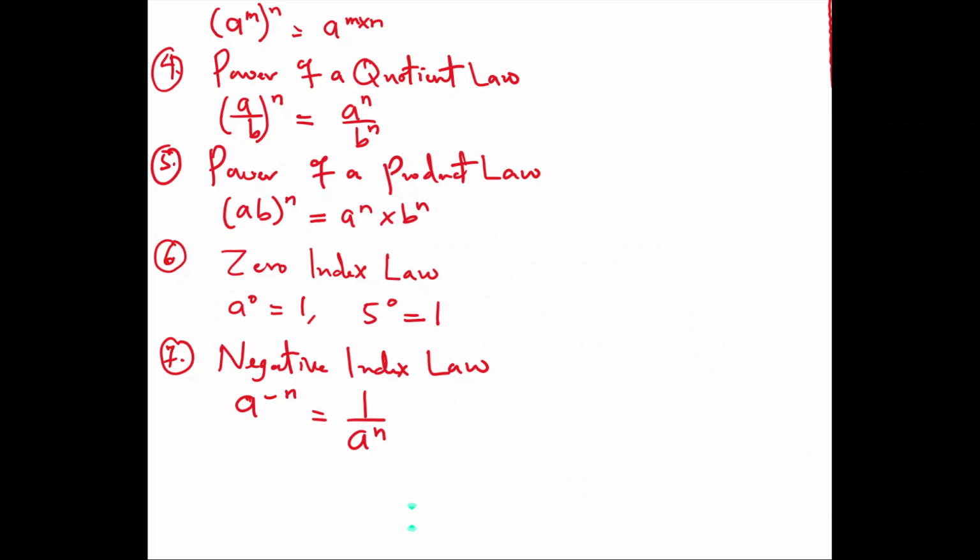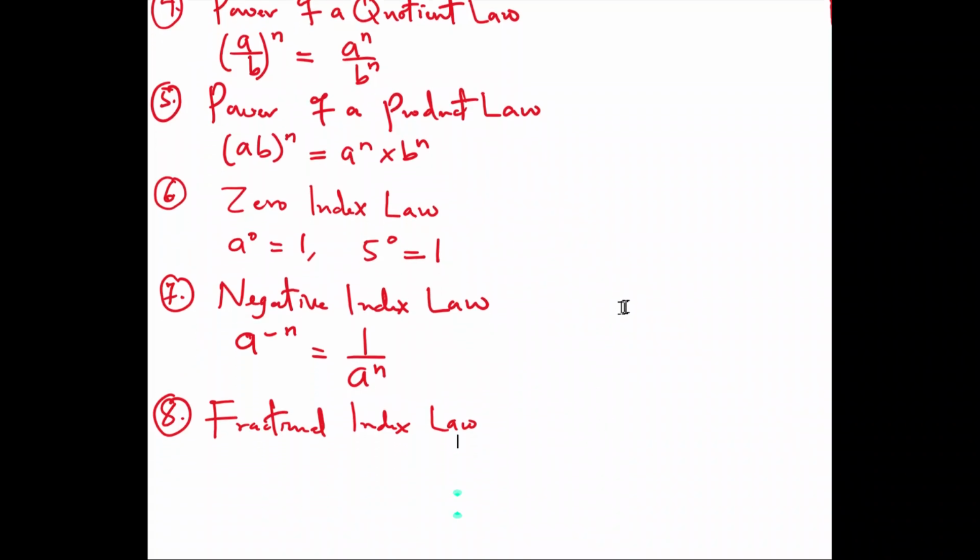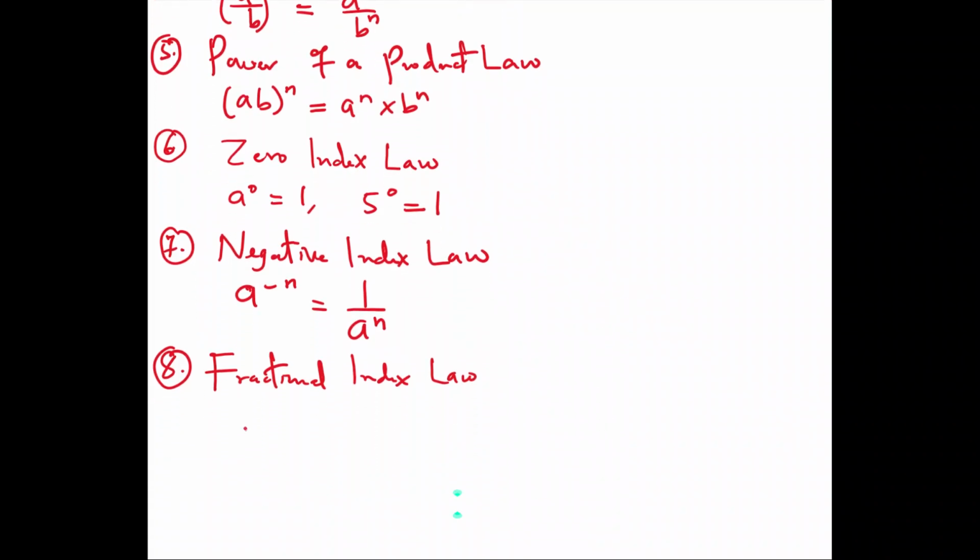Now number 8, the last law that we need to know, is the fractional or rational index law. A fractional index means a root. So let's say we have a raised to power 1 over n.